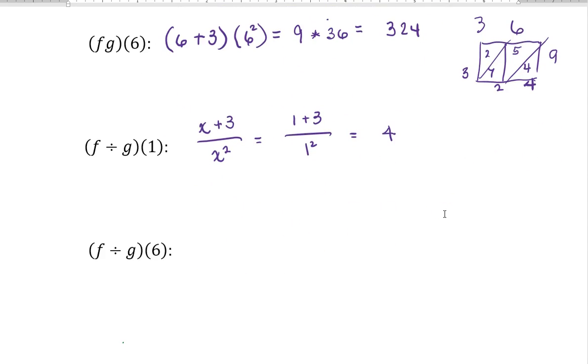And then here I'm going to have the same process, only this time I'm going to use a 6. So I've got a 6 plus a 3 over 6 squared. So I've got 9 over 36. And that's going to be a 1 over 4, when I reduce the 9 out of both of those.